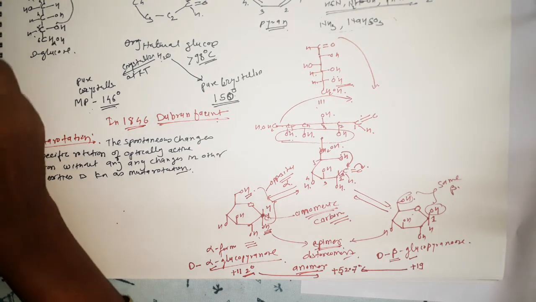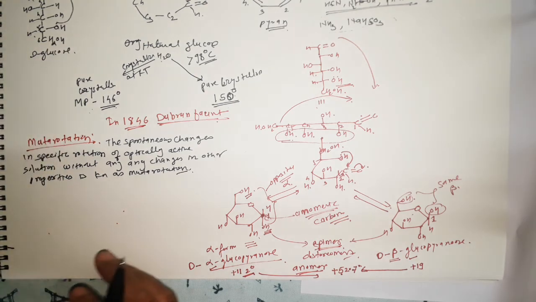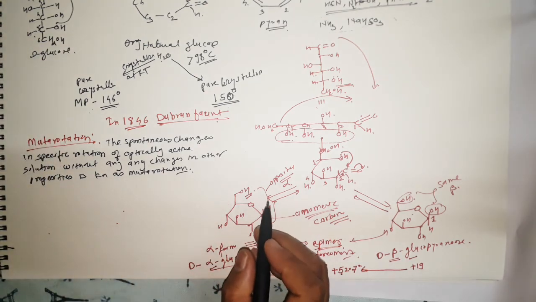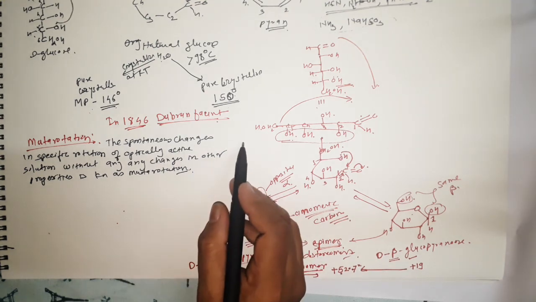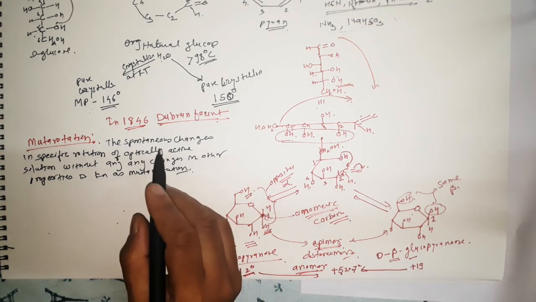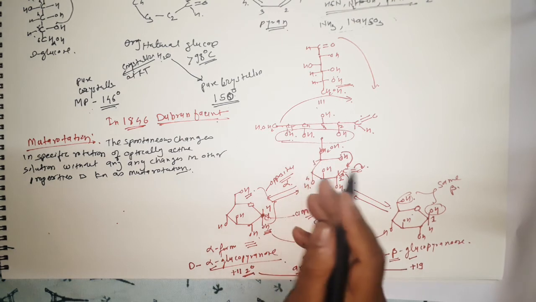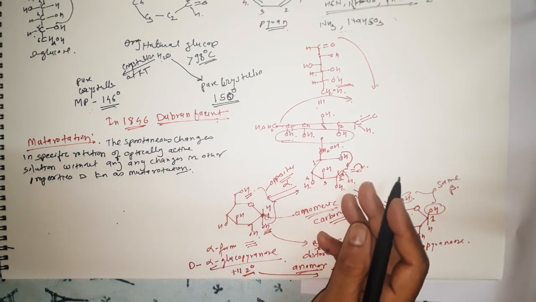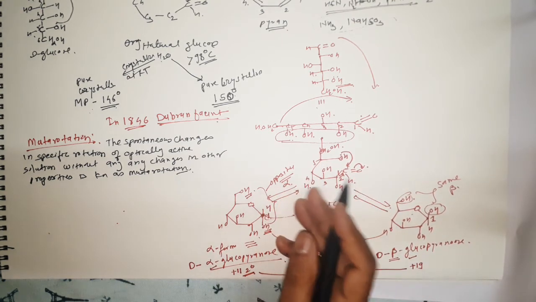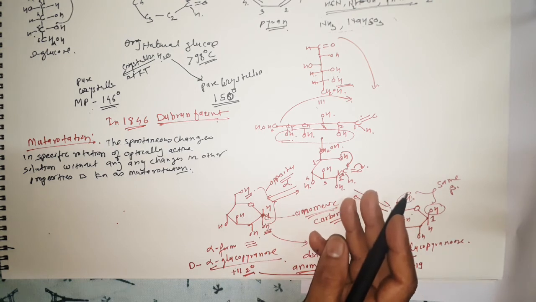So, this mutarotation is a characteristic property of glucose, exhibited by the hemiacetal formation from the free form of the open sugar.